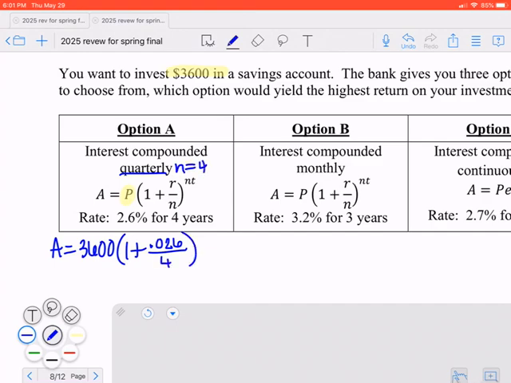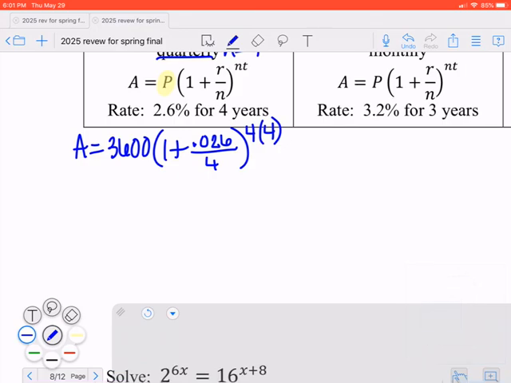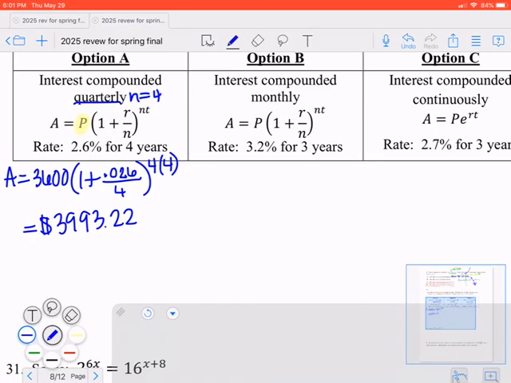To the power of n, which was 4, times t, it says 4 years. And so you just got to know how to put this in your calculator and get the right answers. So make sure you're practicing with your calculator. This one is 3,993.22. I rounded off to 2 decimals because we're talking about money, and that would be appropriate for 2 decimal places.